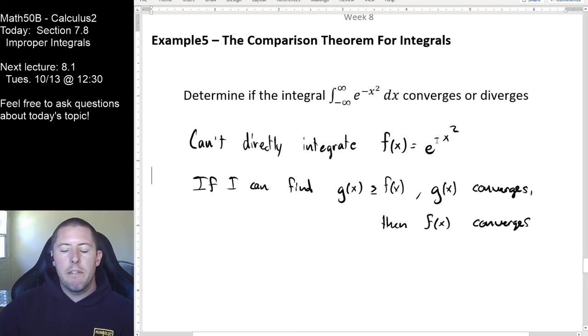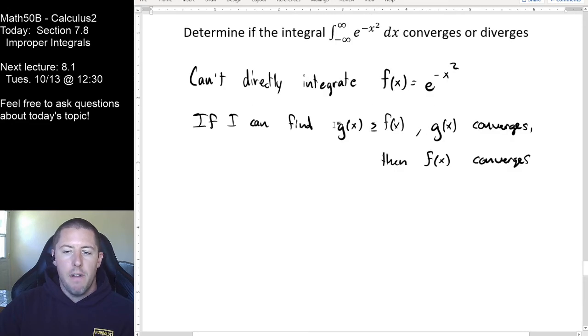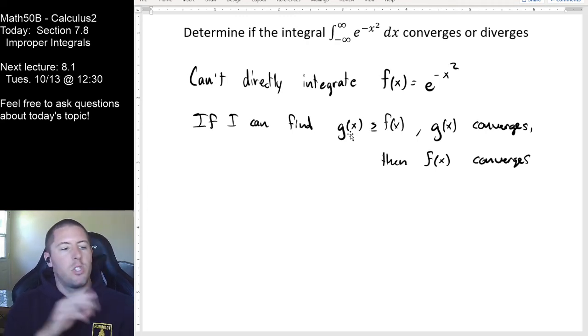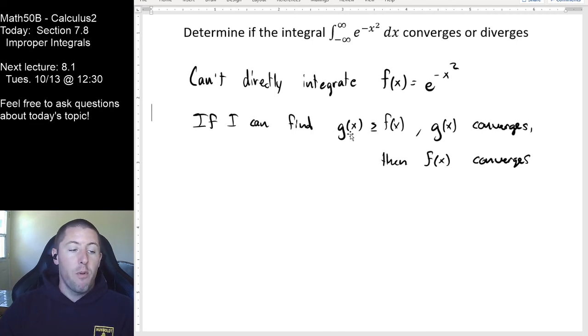If I can find a function that's above our f of x function for the entire boundary here from negative infinity to positive infinity, and if this other function I can find also converges, then it must be the case that our function of interest converges. This is like me saying, listen, I've got something that I know is bigger than the thing that you've got. We have no way of measuring the thing that you've got. The thing that I have, though, I know it's bigger than your thing. And my thing has size 20. It converges. Therefore, you should know that your thing has at most size 20, because we know that my thing is bigger than your thing.